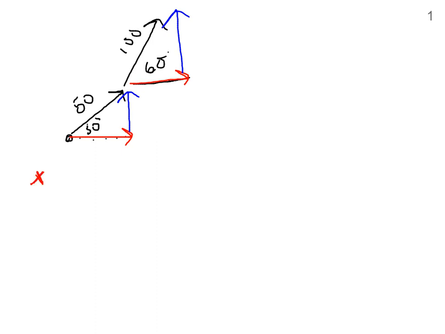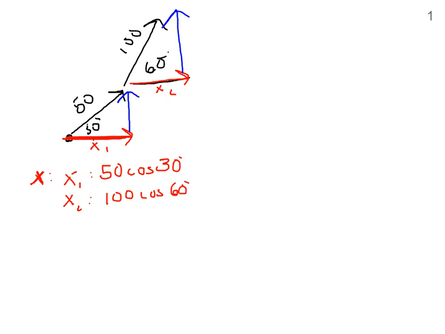So on my F1, my 50-newton vector, this is the adjacent side. So I know that x1 is going to equal the hypotenuse times the cosine of the angle. Same thing goes for x2. It's also going to equal the hypotenuse times the cosine of the angle.